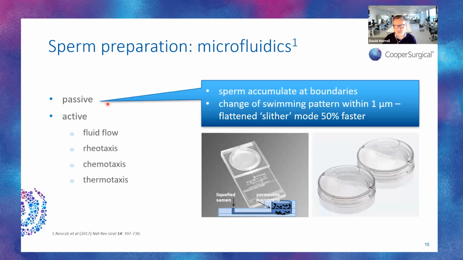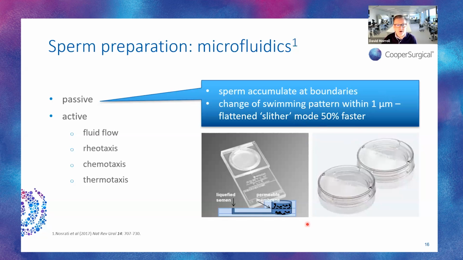This really relies on the fact that sperm accumulate at boundaries, and there's a change of swimming pattern within a micron, where sperm change to a slithering mode, which is a more flattened type of motility, and they generally move considerably faster along boundaries. So that's really how these chips work.